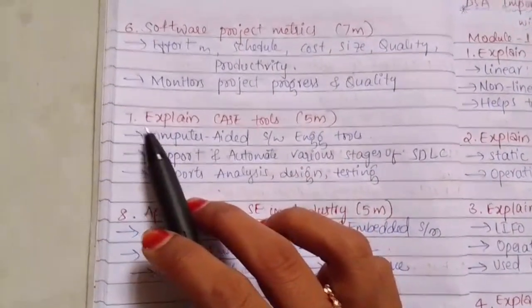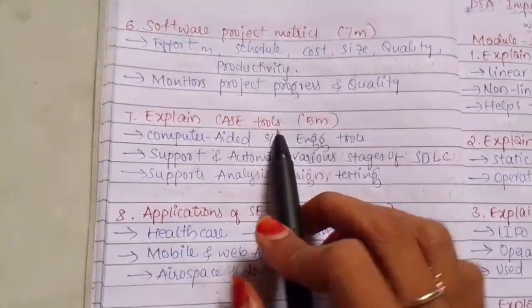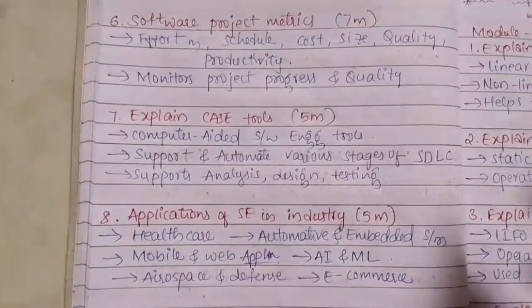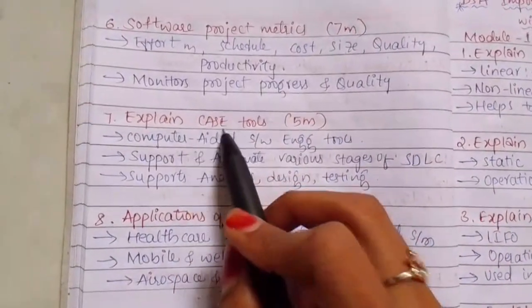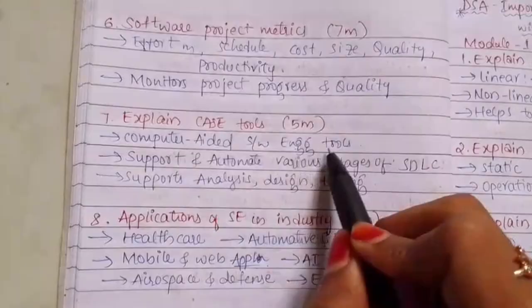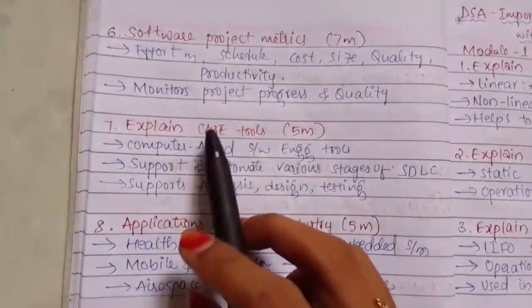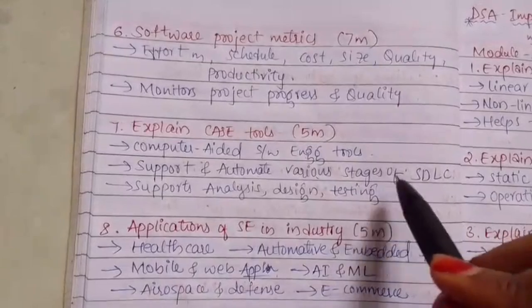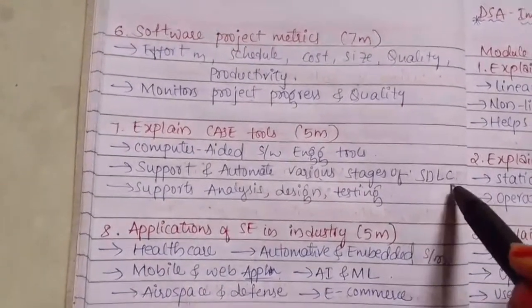And the seventh question is explain CASE tools, asked for 5 marks. Here the abbreviation of CASE is computer aided software engineering tools, and it will support and automate the various stages of software development life cycle.